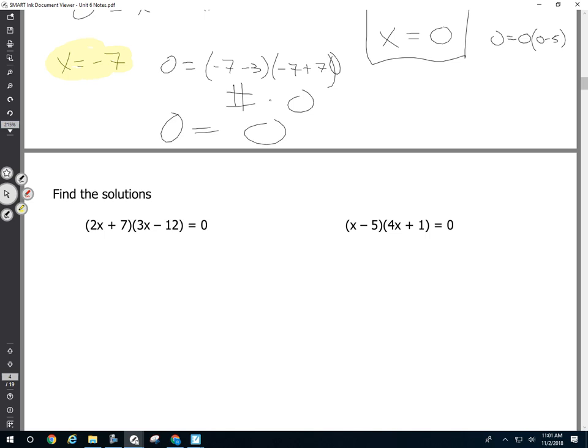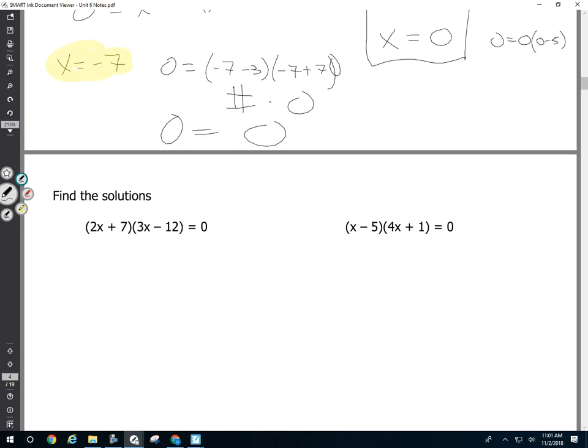So what we can do is set up 2 different equations. When this left piece equals 0, I'll have a solution. When this right piece equals 0, I'll have a solution. Go ahead and solve those 2.